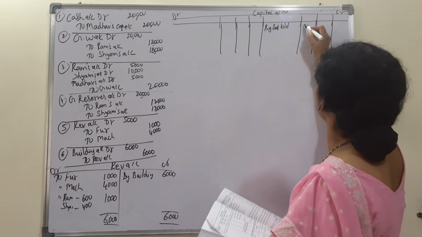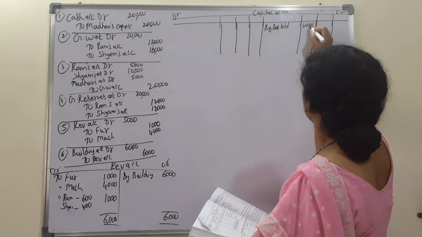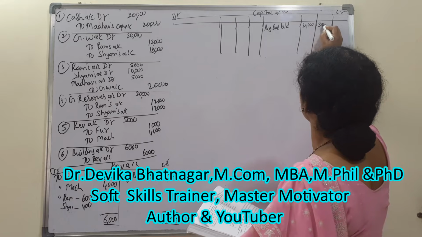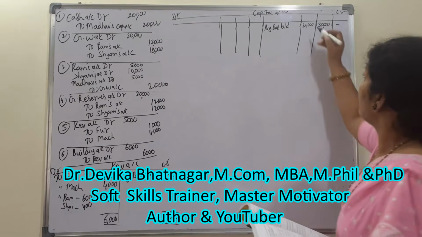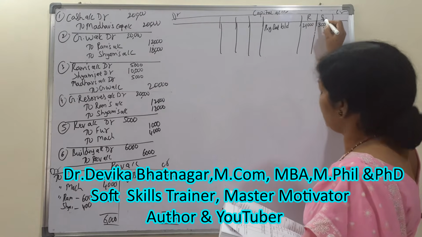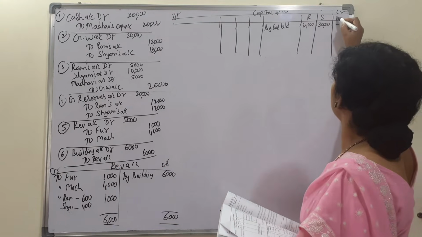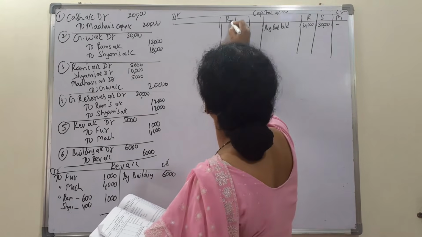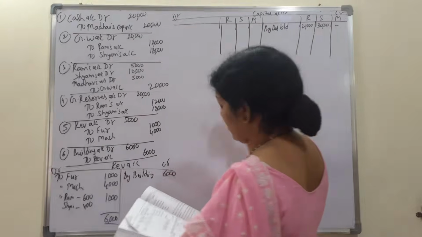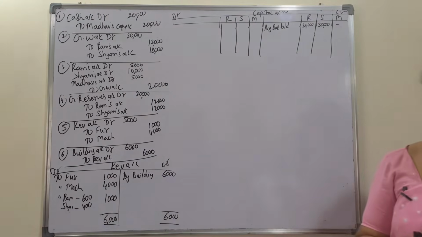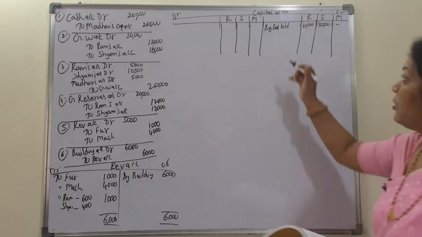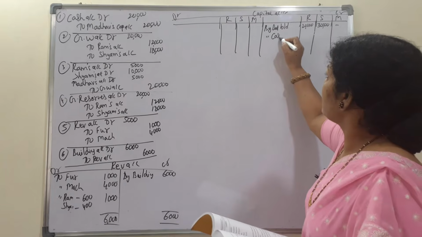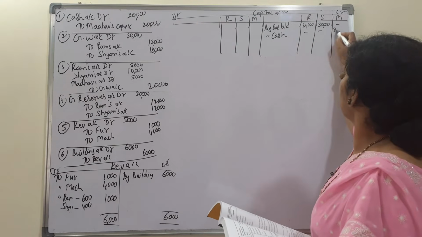Shyam 30,000. Ram, Shyam, Madhav. Madhav brought 20,000 as cash. So, by cash 20,000 Madhav.